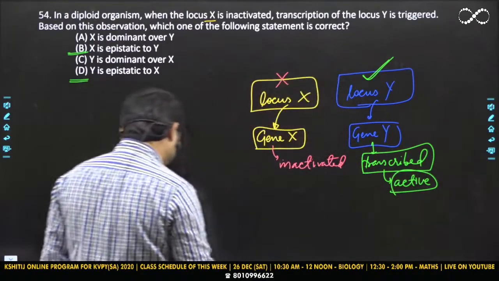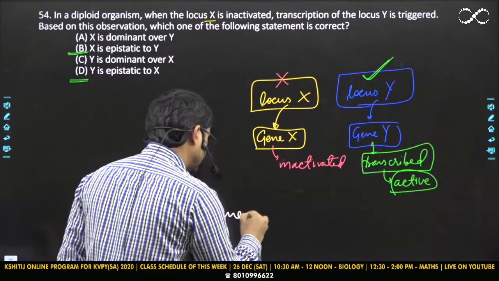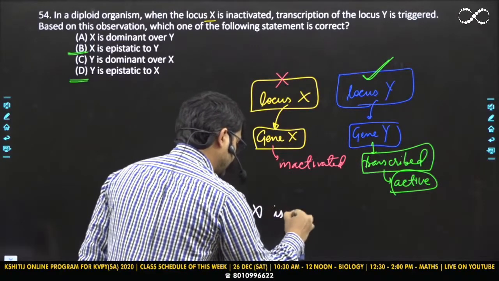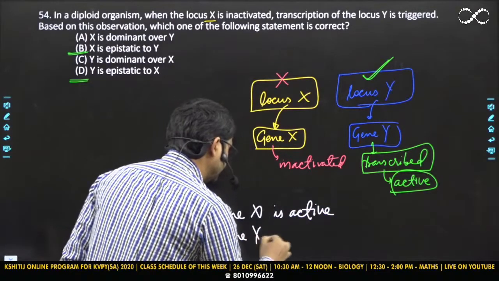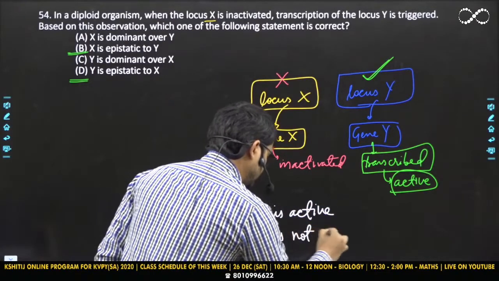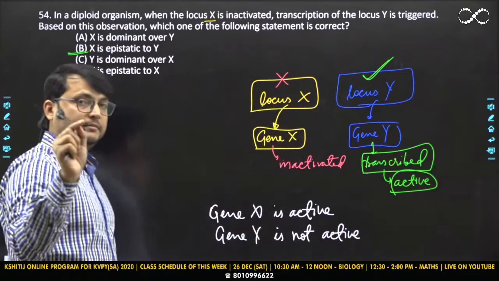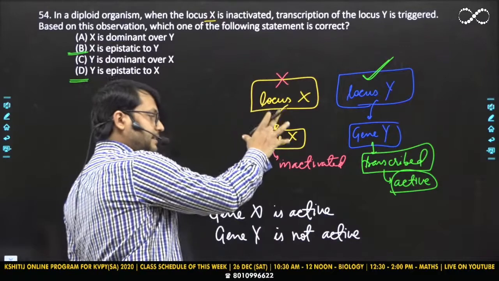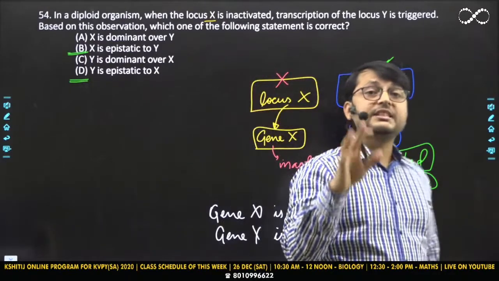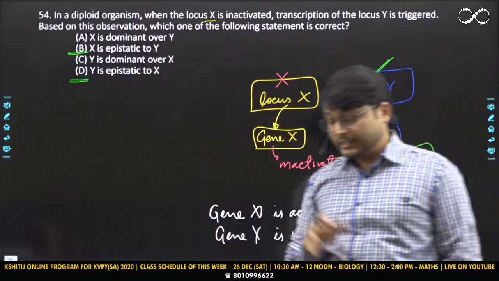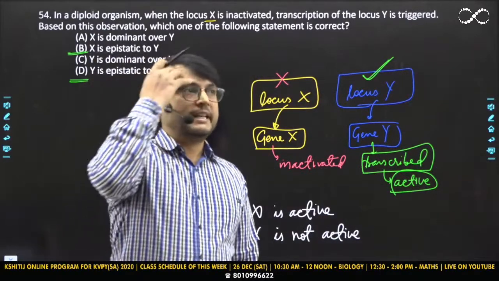What does this mean? It means that when gene X is active, gene Y is not active, because they have written only, correct? So when gene X is active, gene Y is not active. Only when gene X is not active, then in that case only gene Y can be transcribed or remains active.